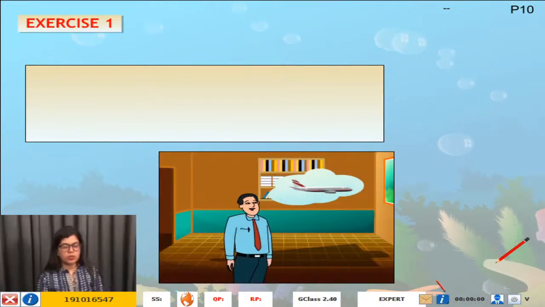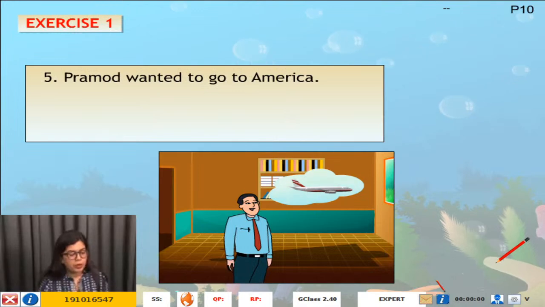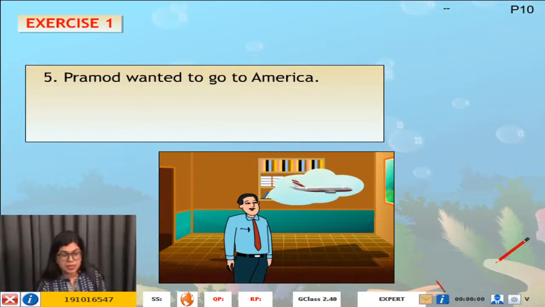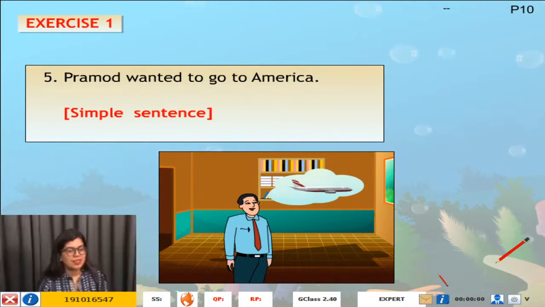Okay, next let us see what we have. Pramod wanted to go to America. What type of sentence is this? Yes, simple sentence. So these are some of the exercises that we have done.